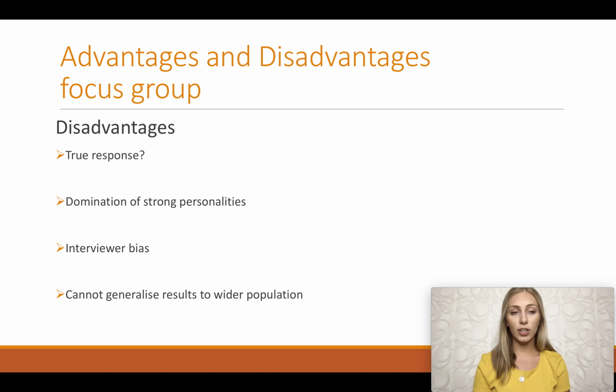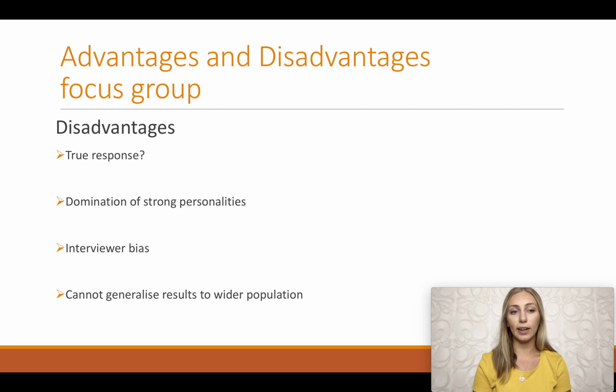The disadvantages of a focus group are, are you gaining a true response? Because there is a group of people, you are a little bit less likely to be gaining a true response, just because participants may feel like they are being judged on the issue at hand. So they may not really talk about what they really feel about the particular topic.